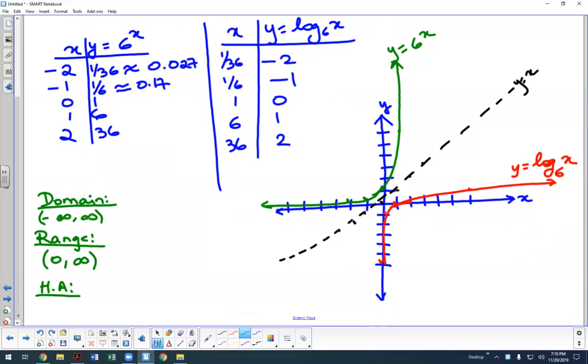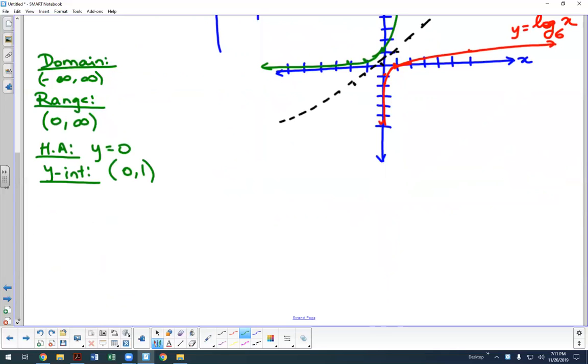The horizontal asymptote is at the x-axis, or the line y equals 0. The y-intercept is at the point (0, 1). And we also know that this is an increasing function.